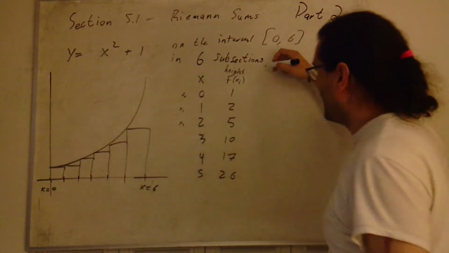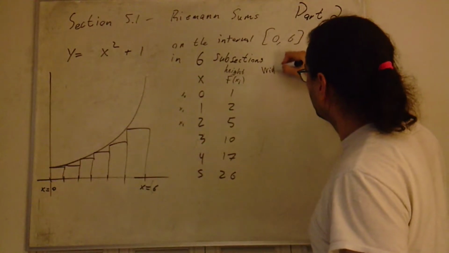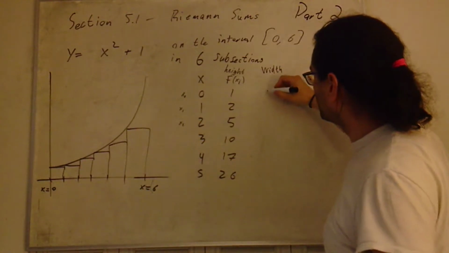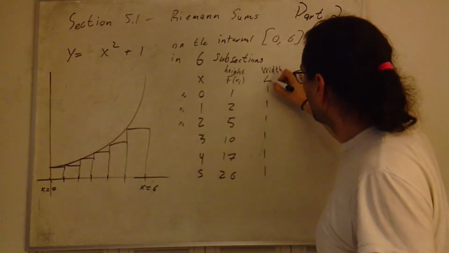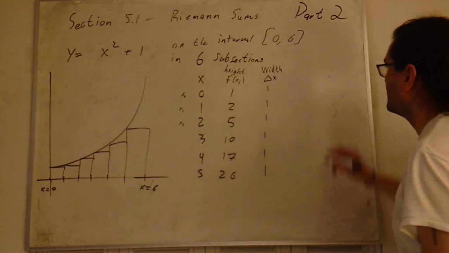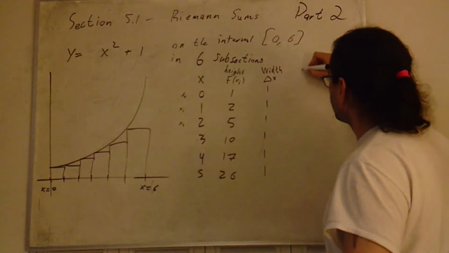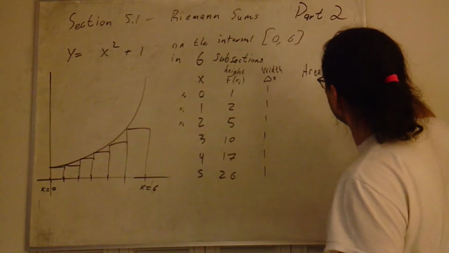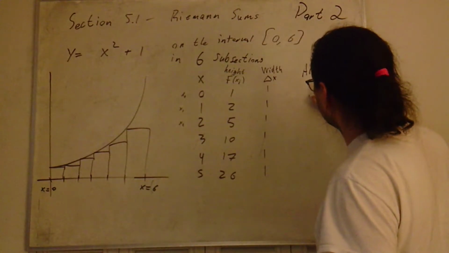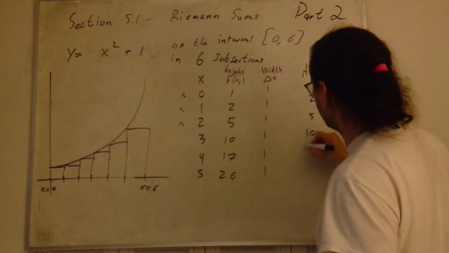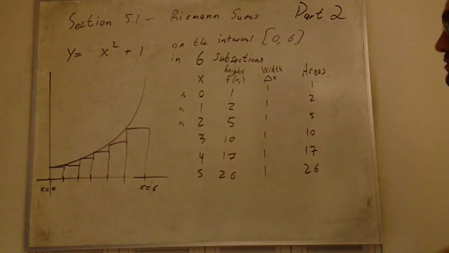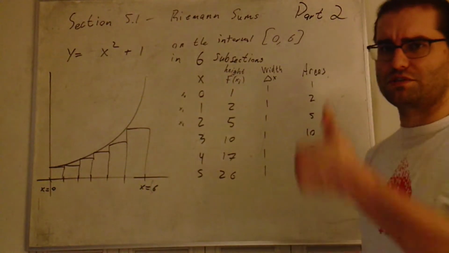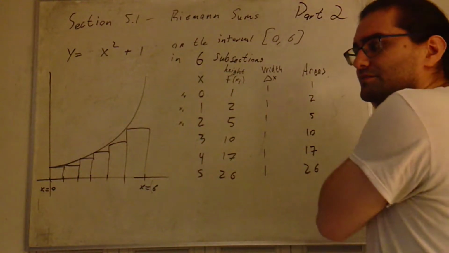I am going to add another column for the width, even though all of these numbers are the same. They are all 1. The book calls this delta x. And then I multiply the heights and the widths to get the areas. So my area is 1, 2, 5, 10, 17, and 26. Multiplying by 1, it's always nice. It's always a good way to get these areas.